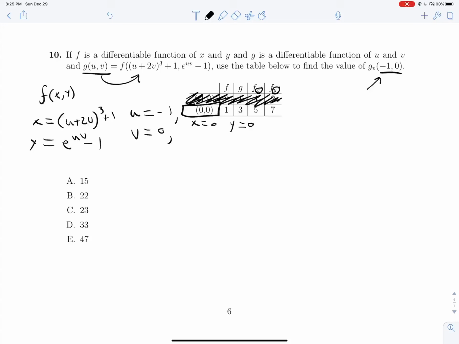And I'm kicking myself internally right now because I didn't mention at the beginning this is a multivariable chain rule question. They like to hide them. This is one of the more obvious ones. Whenever you see a table like this, it's a multivariable chain rule question.